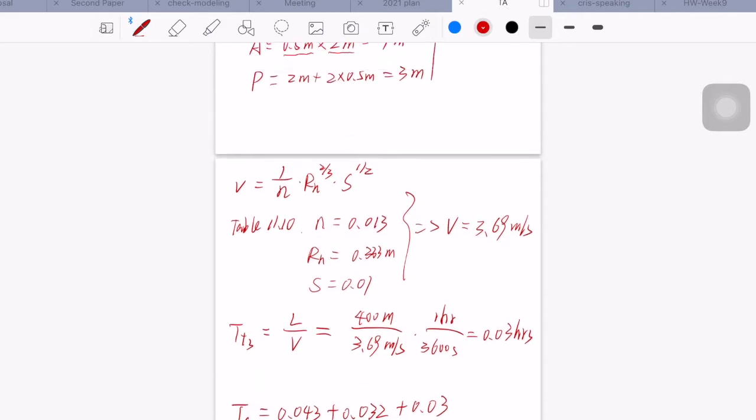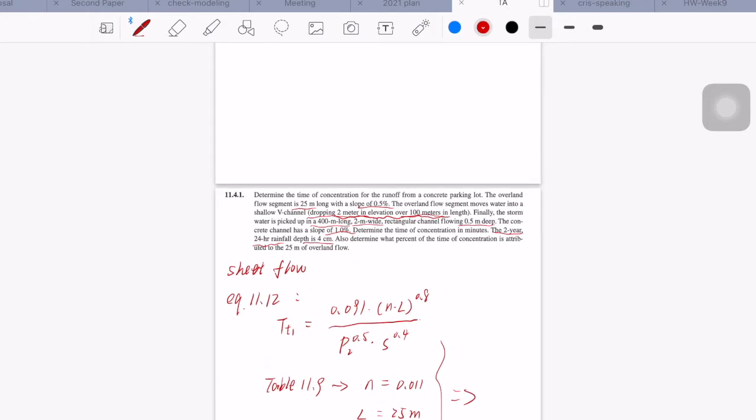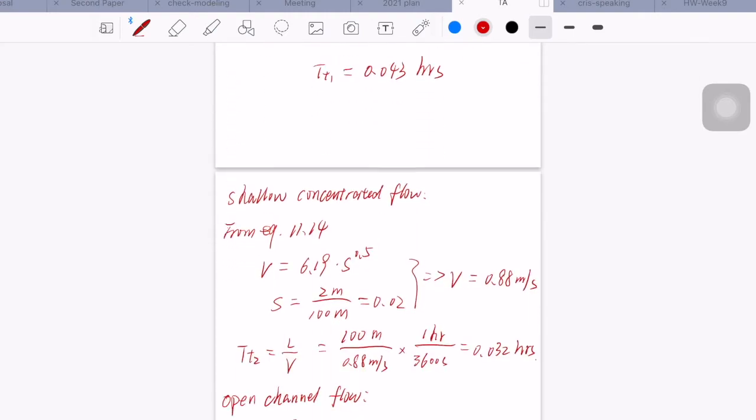And we also need to determine what percent of the time of concentration is attributed to the 25 meters of overland flow.